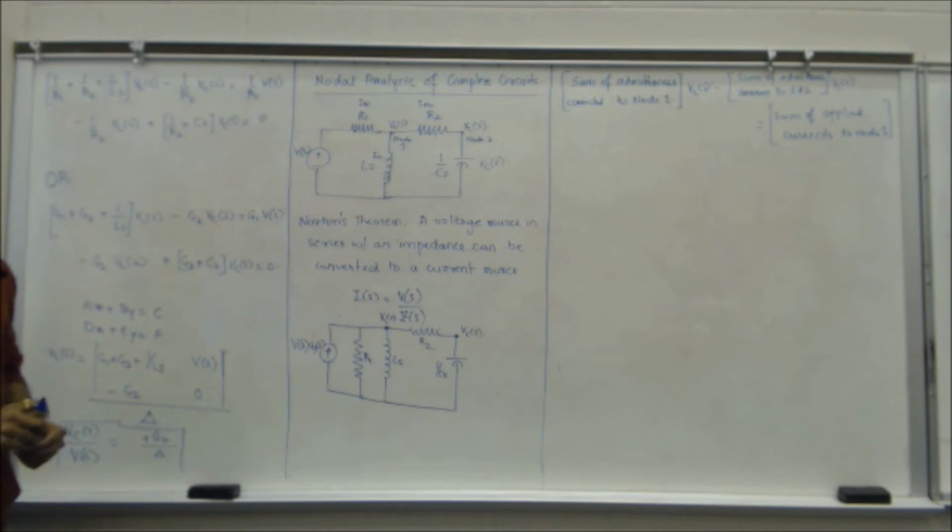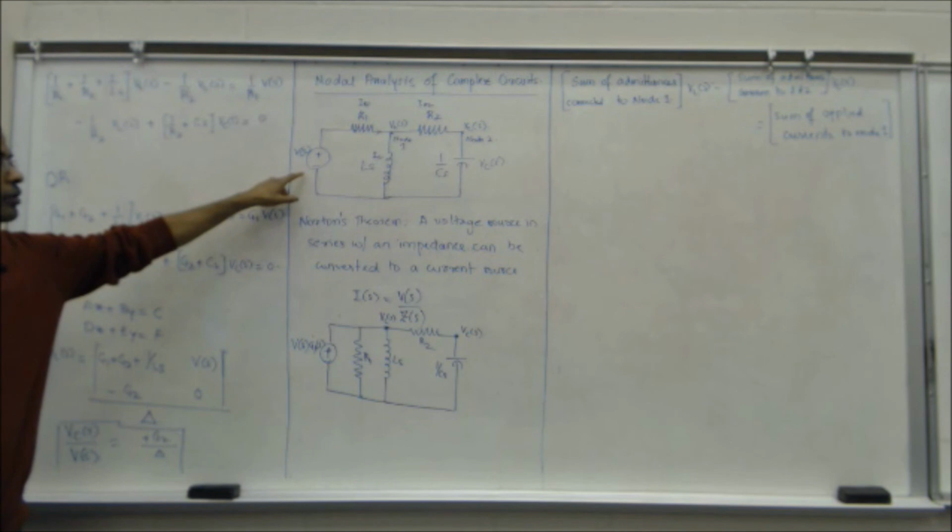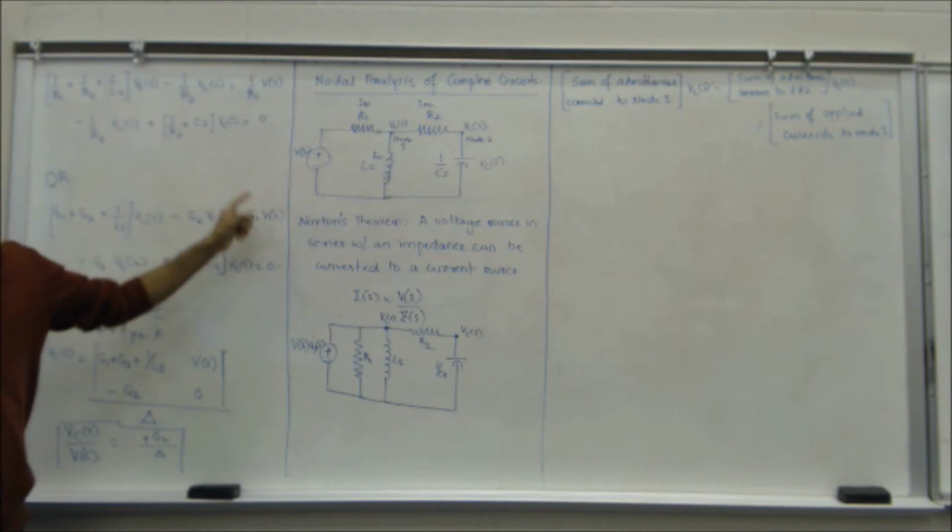Got it? So it is the sum of admittances and the current applied to node 1. You understand what current applied and current flowing is: an admittance is connected, there is a voltage source here, so there is a current flowing.